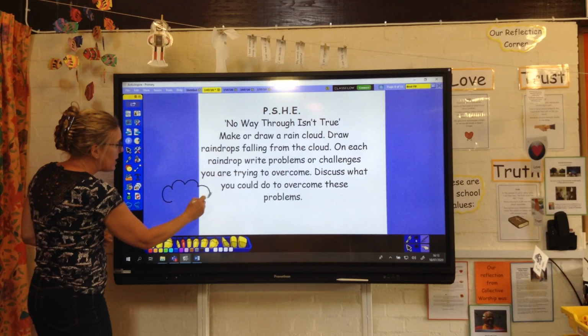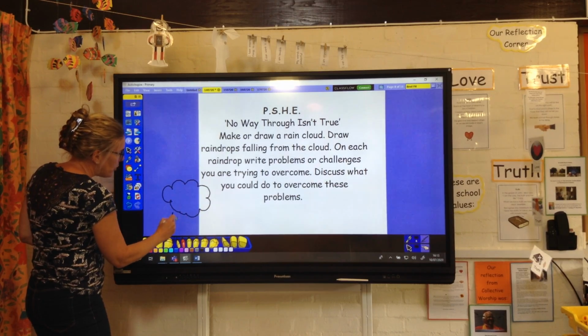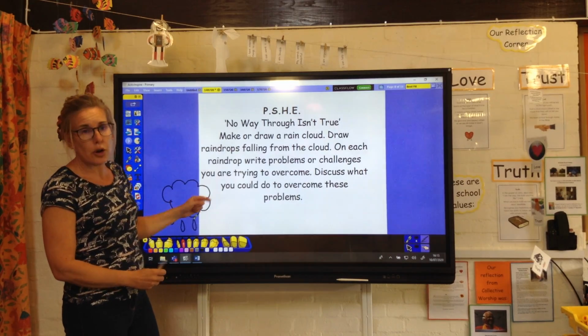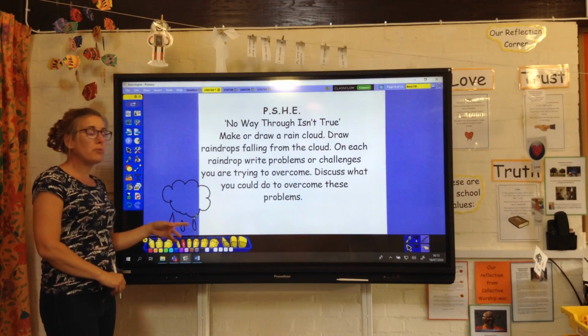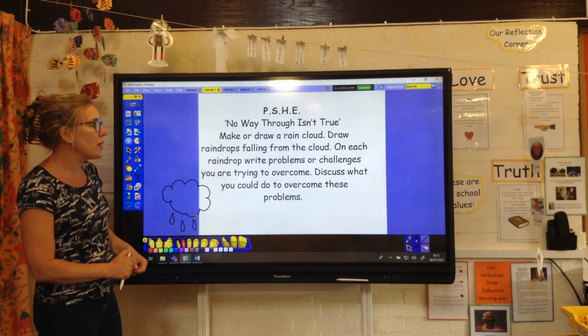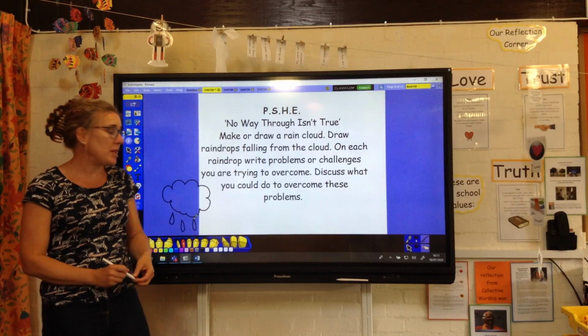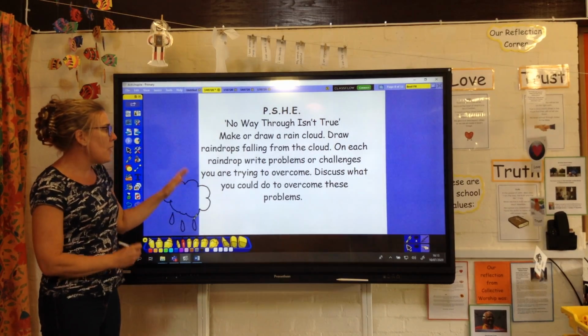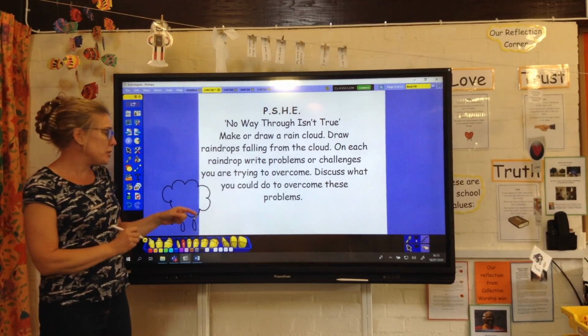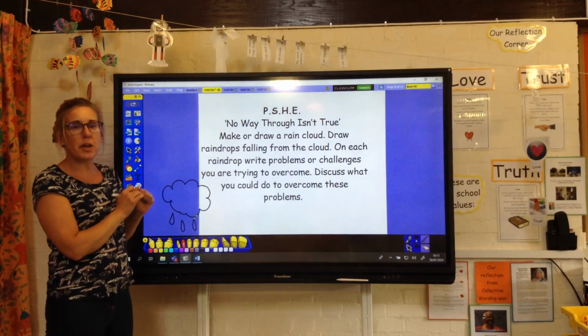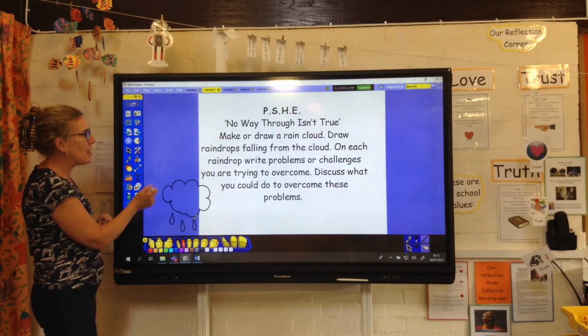So you're going to make a black cloud with raindrops coming out of it, and on each of the raindrops you can write a challenge or a problem that you have had to overcome, and then discuss what you could do to overcome these problems. Okay, so have a think about what you want to put on there and think about how you might overcome them, and you might want to jot some of those ideas down onto the cloud.